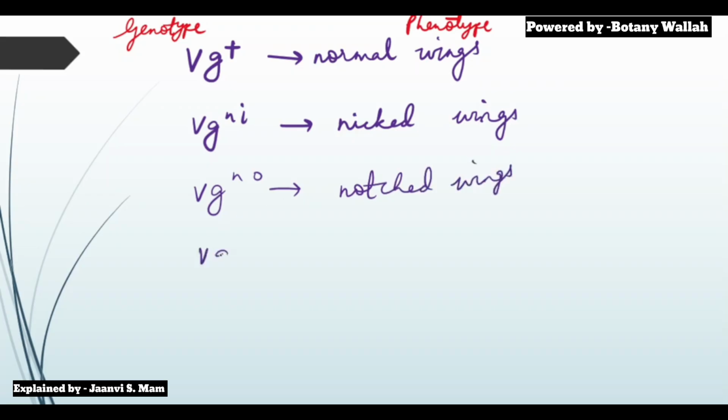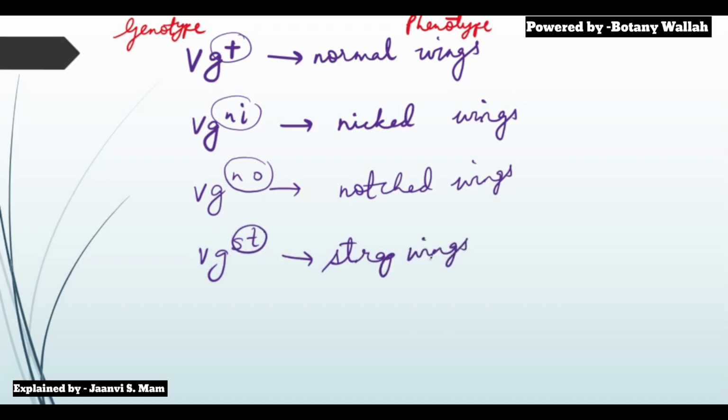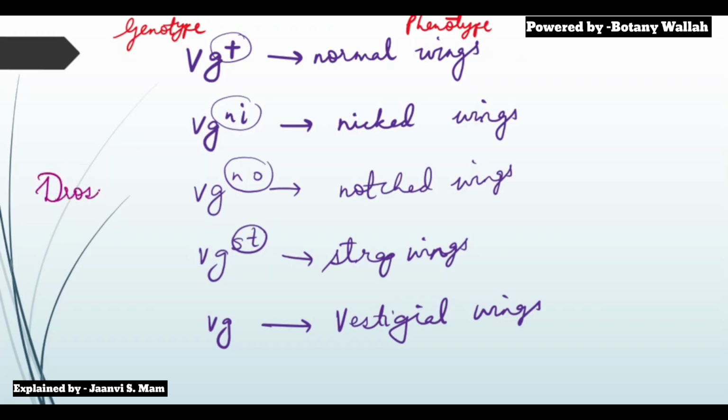Then you also have VGST. Whatever we have written raised to, those words are actually the phenotype. This is strap wings. These are the types of wings. You have only VG, which we just say as vestigial wing. We have more beyond this, but for now this much. So these are the genotypes, and this is the example given for Drosophila.